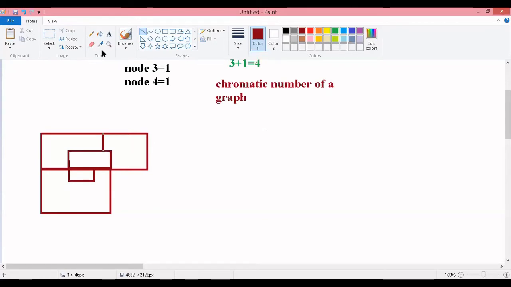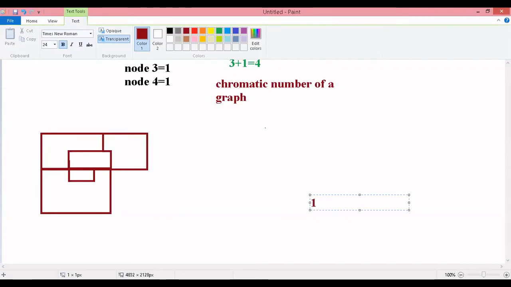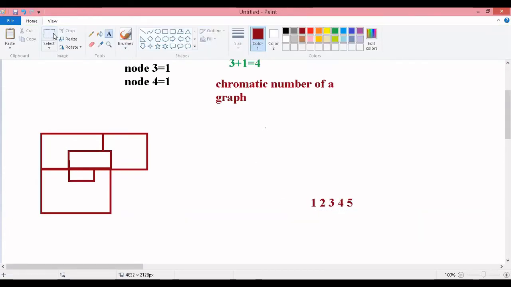Now in the exam, they will give a diagram like what I have written here, and they will tell you to color the graph. First, what you should do is number it. So this is 1, this is 2, this will actually be given in the exam, 3, 4, 5.